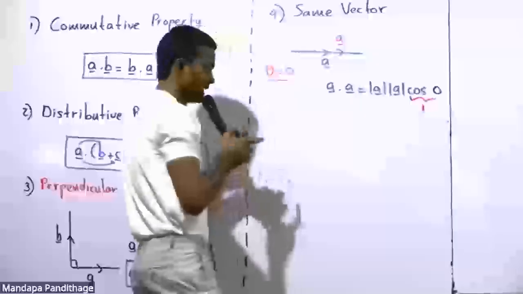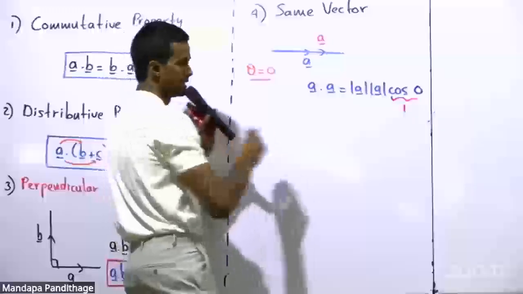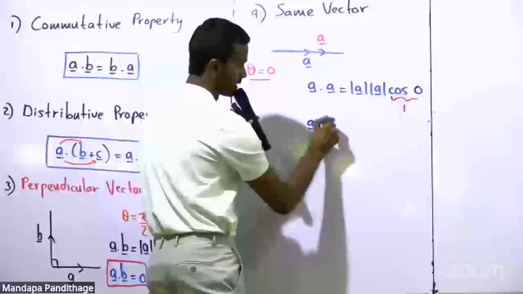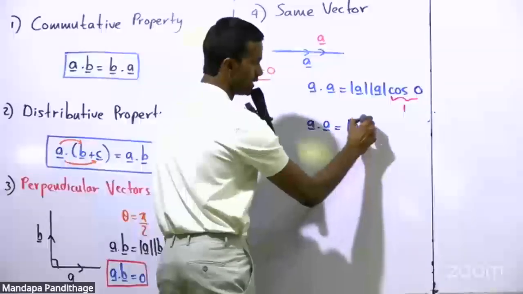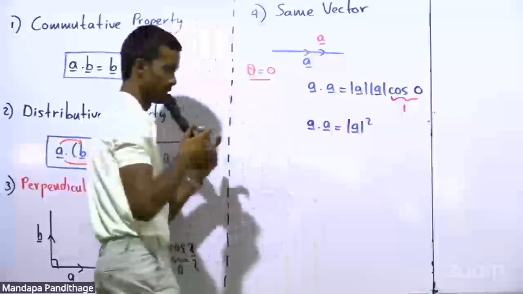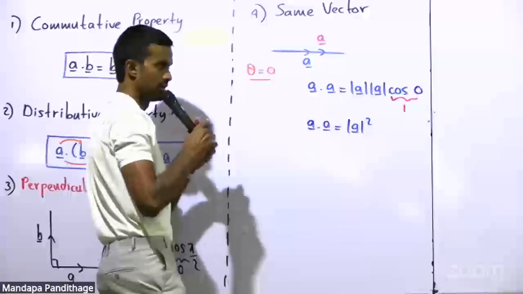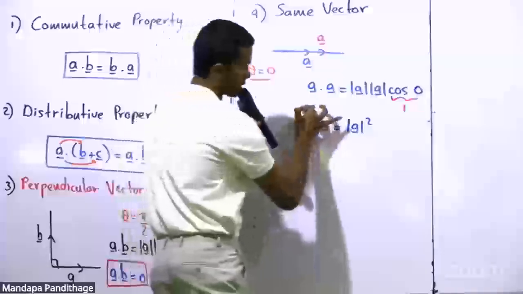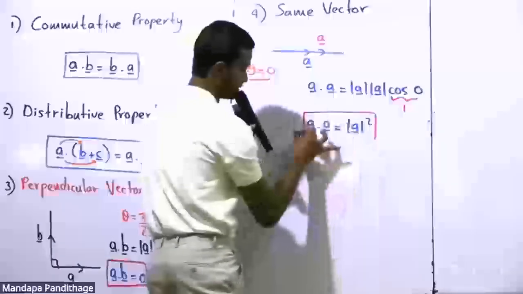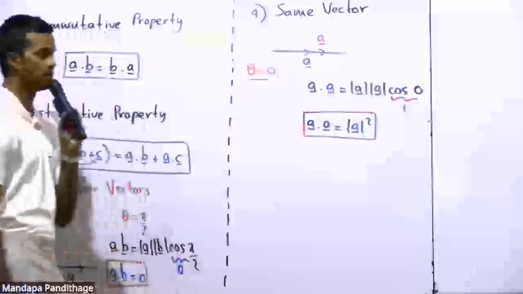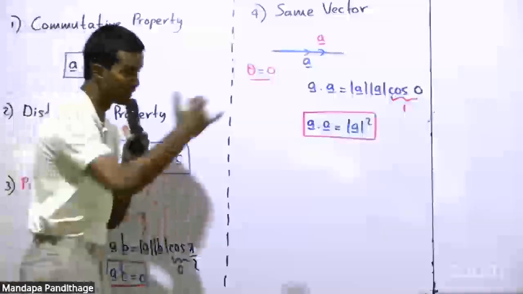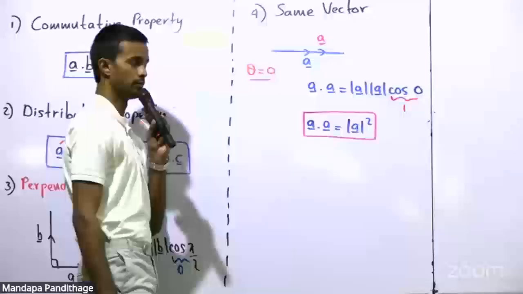Which gives you A dot A. If you consider the dot product of the same vector, modulus A into modulus A is modulus A squared. So when you consider the dot product of the same vector, you get the square of the modulus of that vector. A dot A is equal to modulus A squared.